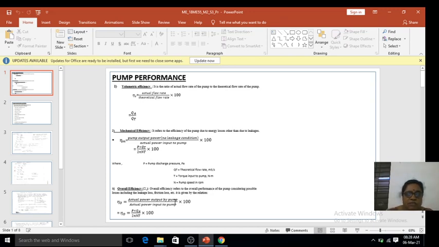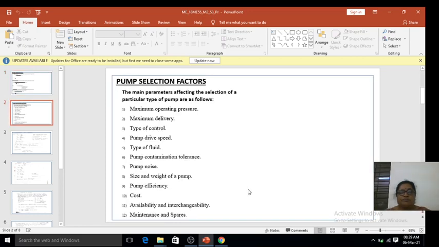And overall efficiency is defined as the product of the volumetric efficiency and the mechanical efficiency, that is the actual power output by the pump to the actual power input to the pump. So it is denoted by P into Q actual divided by 2 pi N T into 100.